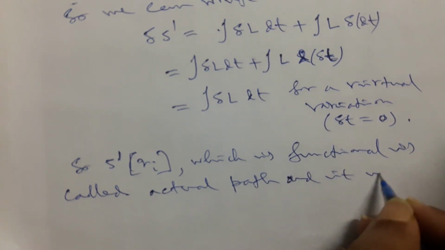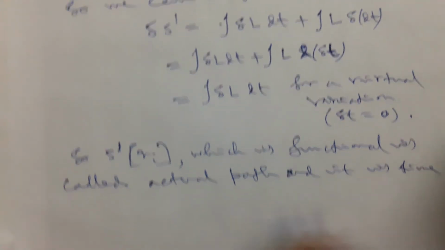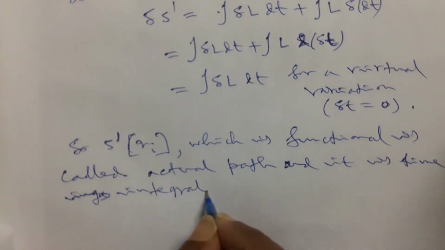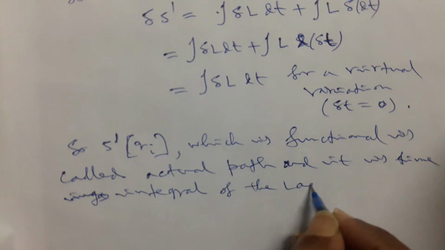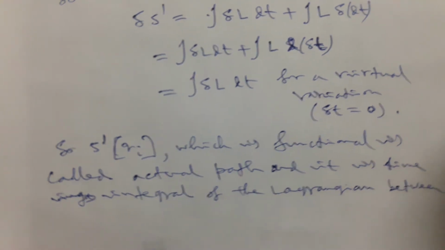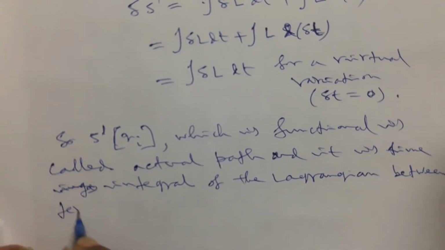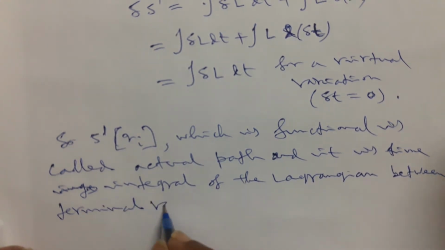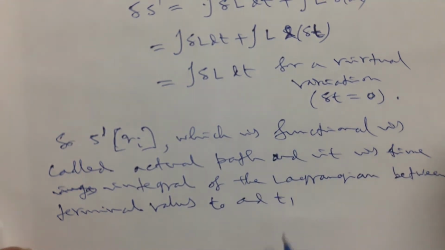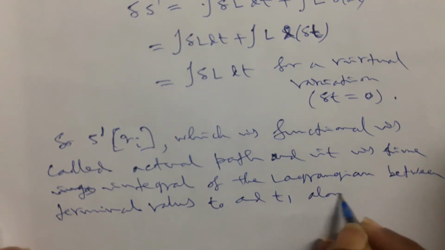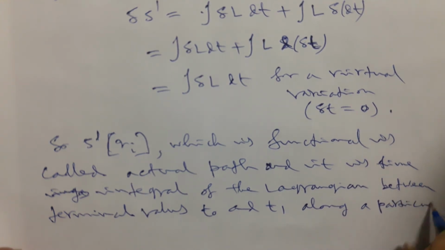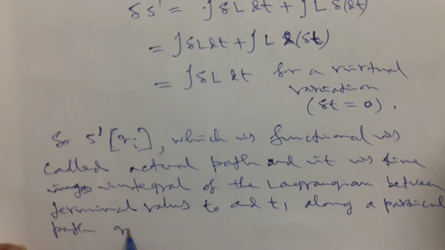And it is the time integral of the Lagrangian between the terminal values t0 and t1 along a particular path qi of t.